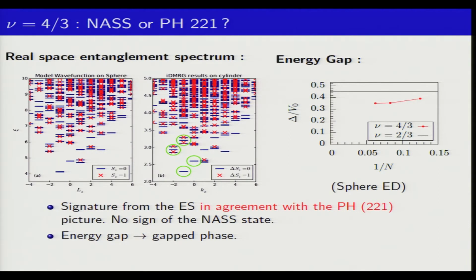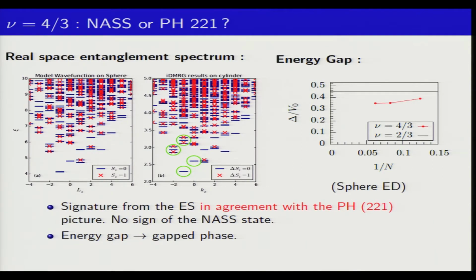You can infer the edge structure from the particle-hole conjugation and the edge structure of the Halperin 221 state. But you can also directly, by brute force, look at the model wave function, described as the particle-hole conjugate state, and compute its entanglement spectrum, at least for small system size.